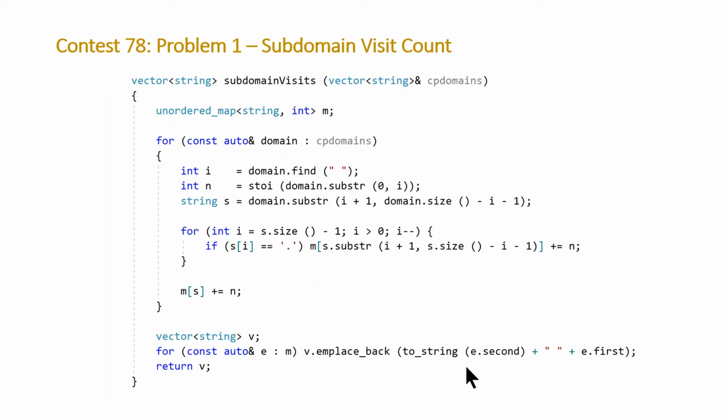So you can use to_string to get any integers or other values to a string, put a space in between, and then add the first, which is our domain name. And using this, you will get a correct solution. And the complexity of this is going to be linear in the total length of all of your domain names.